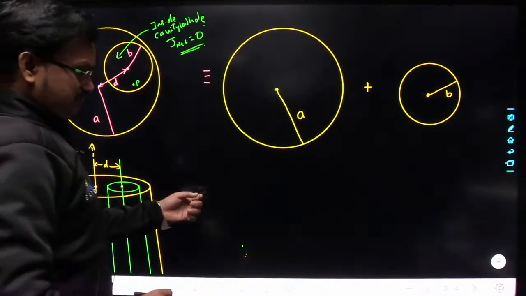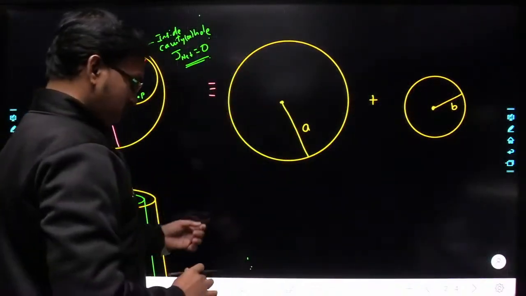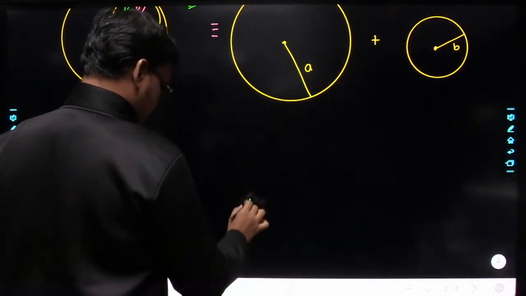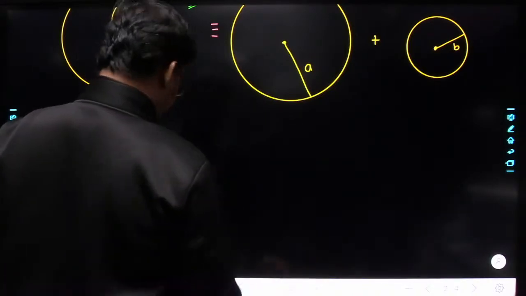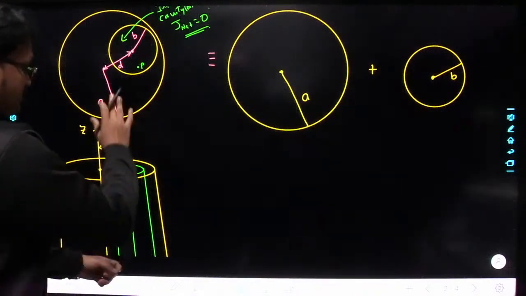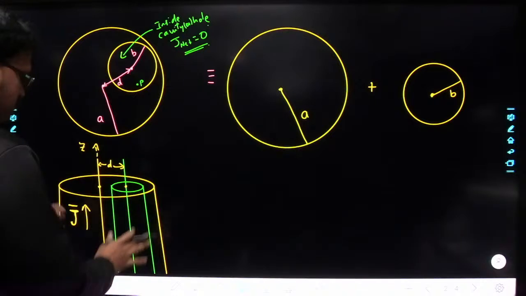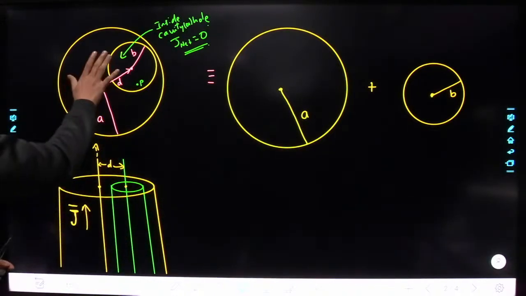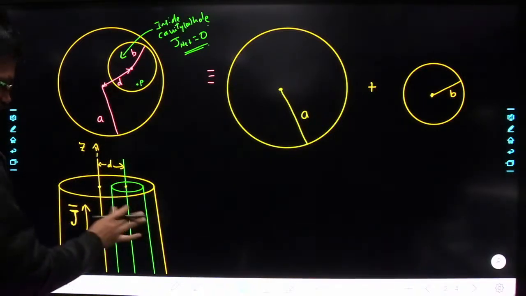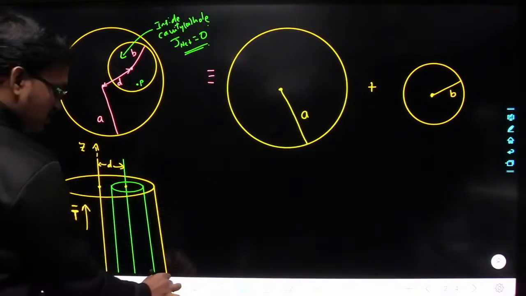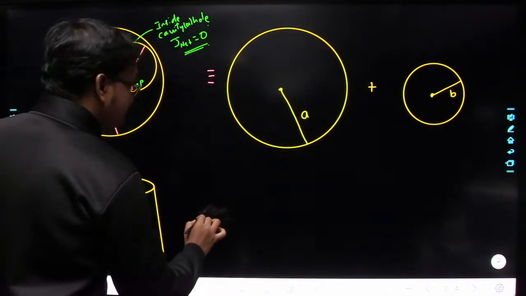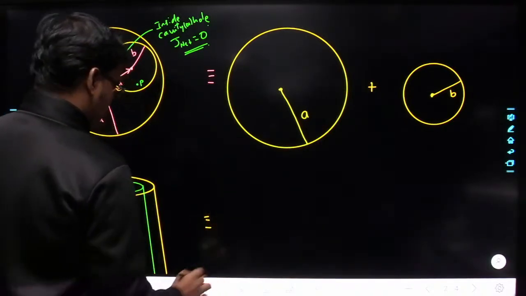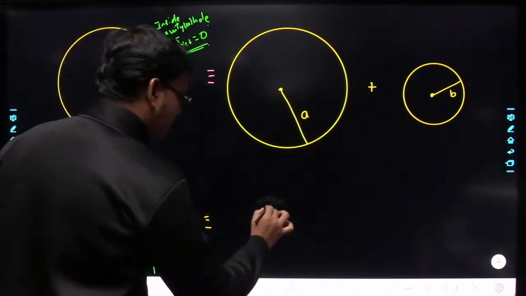Now the current density here. If you want, you can draw the same thing I have represented here in terms of cylindrical wires also. So this top view I have represented here. Okay. So I am roughly drawing here.